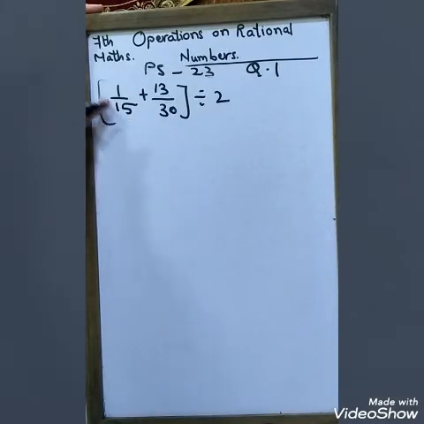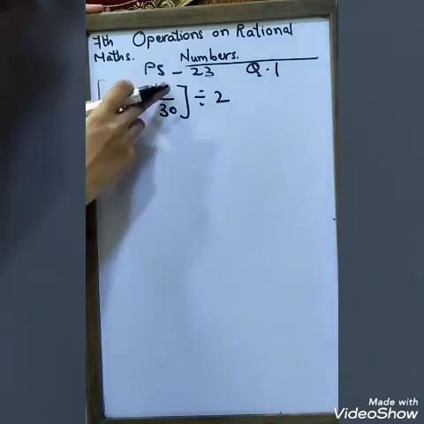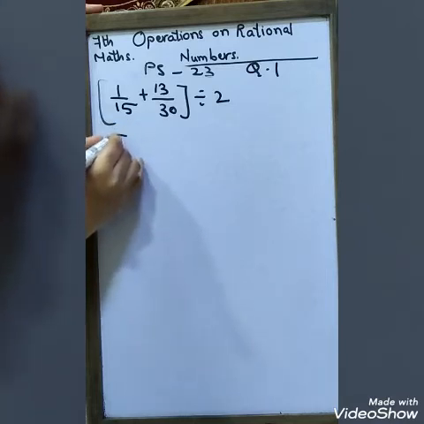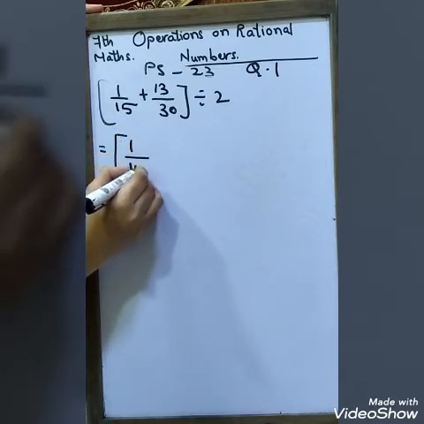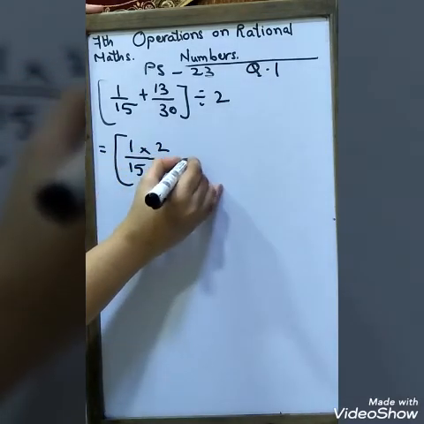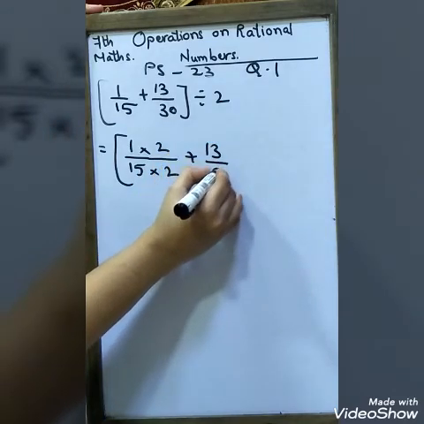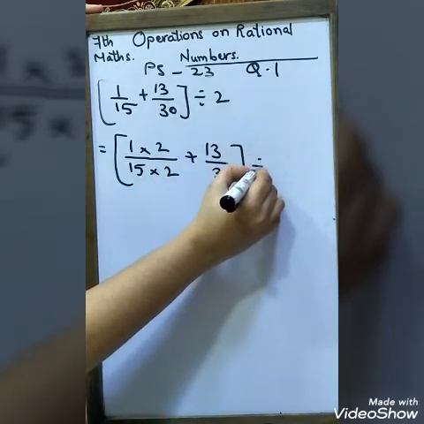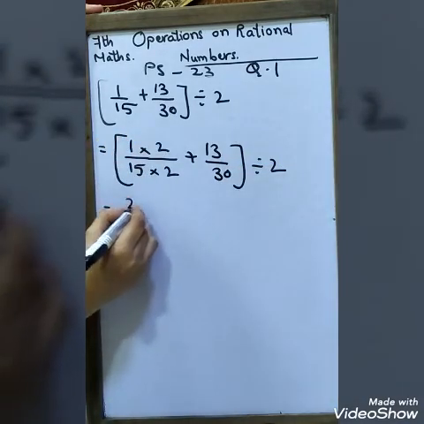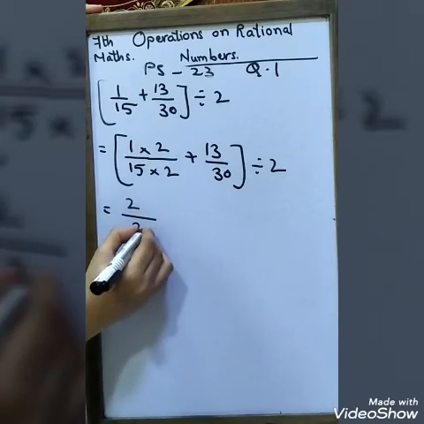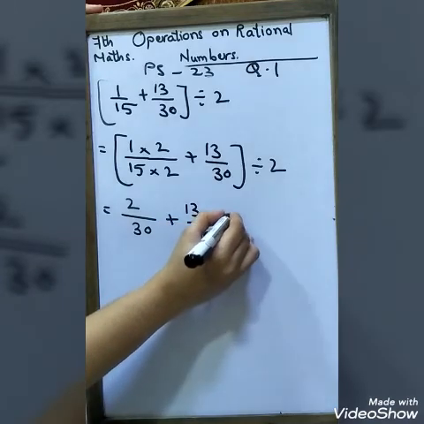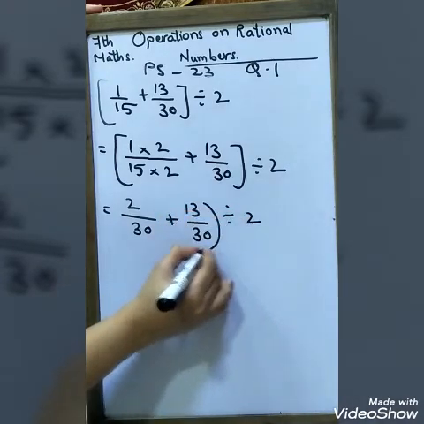Now the next step is 1 upon 15 plus 13 upon 30 divided by 2. For that 15 we are supposed to make it 30. So 1 upon 15 into 2 into 2 plus 13 upon 30 divided by 2. So therefore 2 ones are 2 upon 15 threes are 15 twos are 30 plus 13 upon 30 divided by 2.